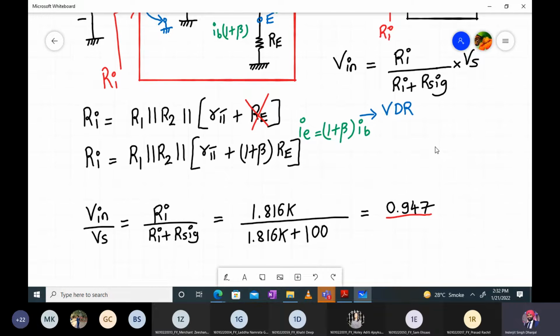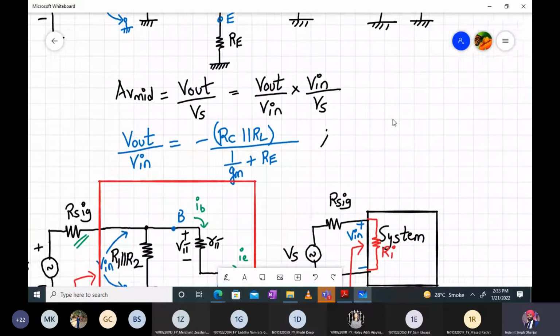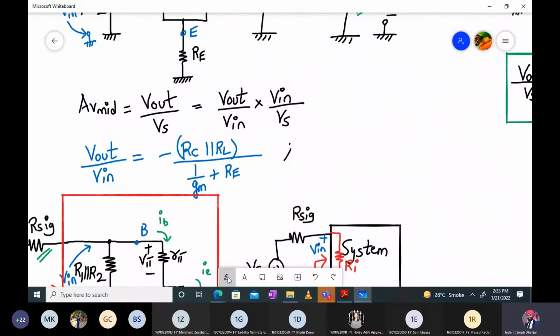Now what else do we have to calculate? We have to calculate Vout upon Vin also. So let's calculate Vout upon Vin. So RC parallel to RL. I guess we have calculated RC parallel to RL before also.